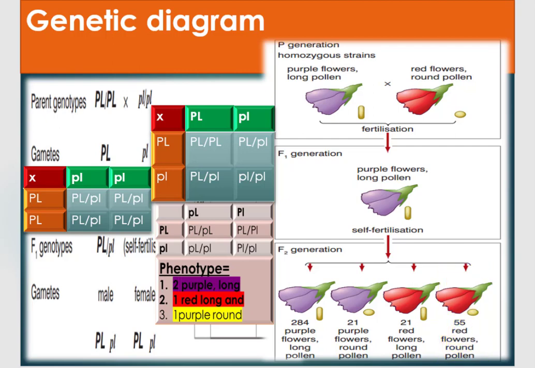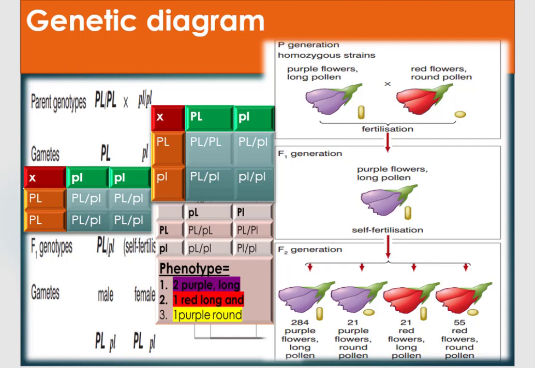In the previous moment, we studied that purple flower color goes with long pollen shape and red flower color goes with round pollen shape because the two genes are behaving as a single unit, or they are linked. That means they are found on the same chromosome.